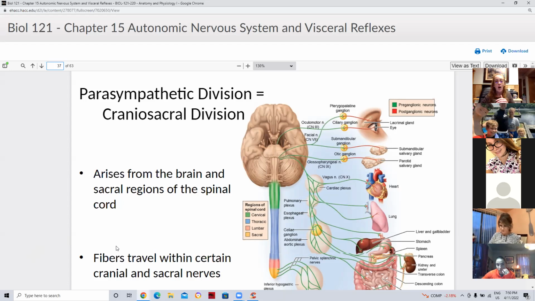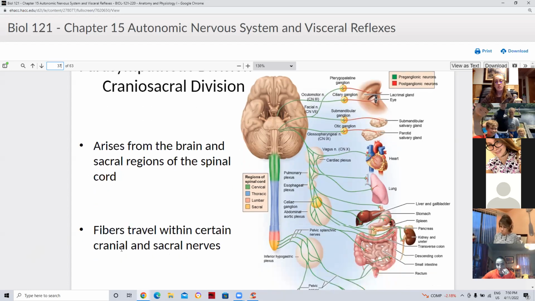pet. It is going to arise from the brain and the spinal cord. The fibers are going to travel within certain cranial and sacral nerves.